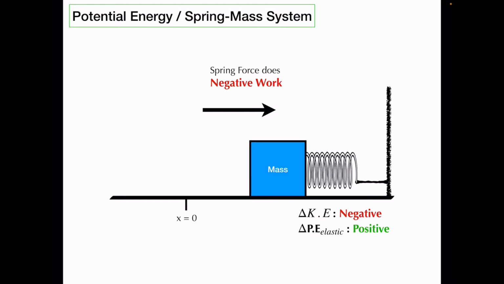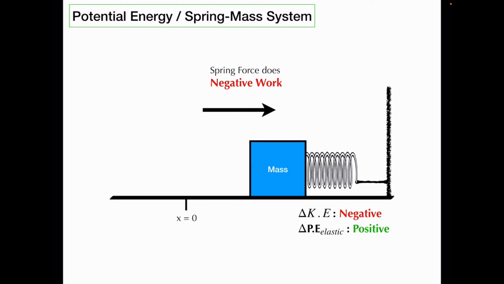Therefore, we can say that the spring force has removed the kinetic energy from the system and added to its elastic potential energy. So the change in kinetic energy is negative and the change in elastic potential energy is positive during the compression of the spring.